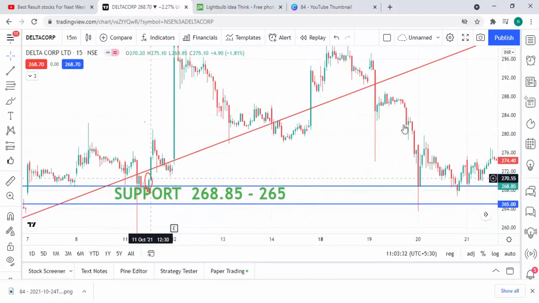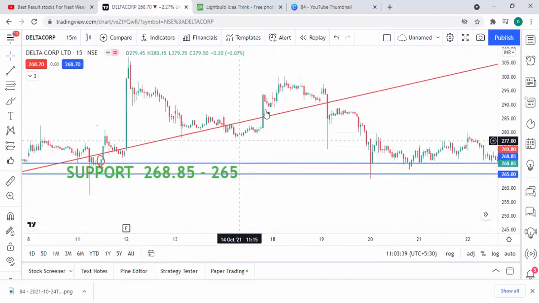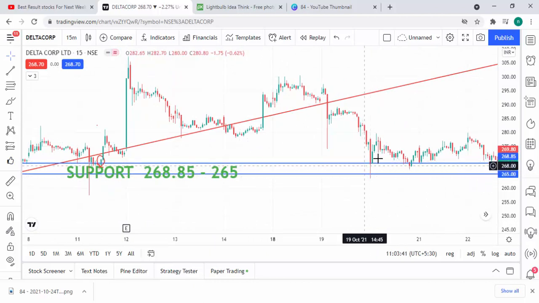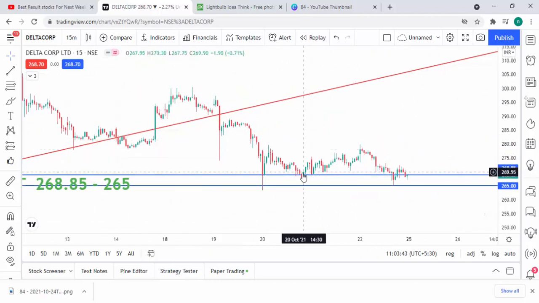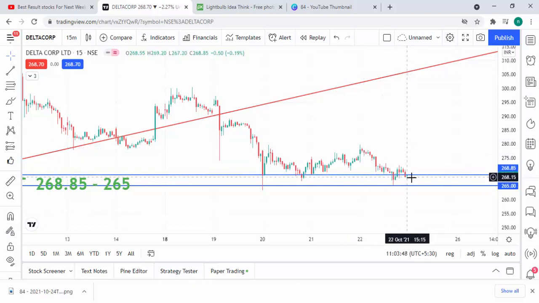Then it's a buy. From there it's going to the 305 level. Again it comes down and touches the support and goes up. Again it touched the same level and goes up. Now it's trading at the level.